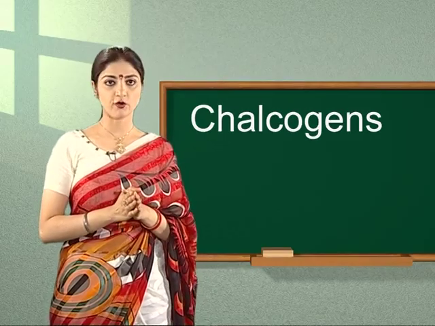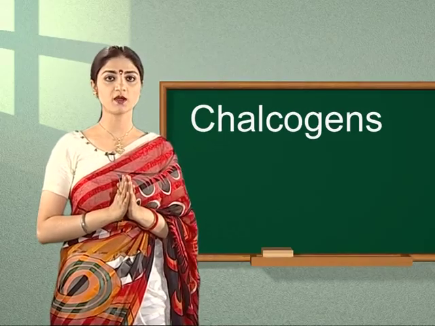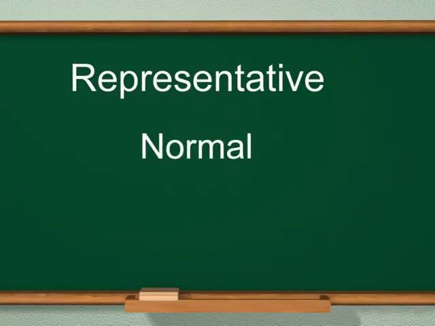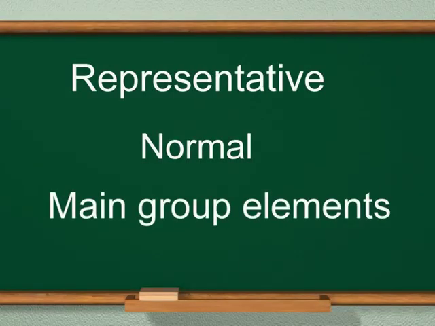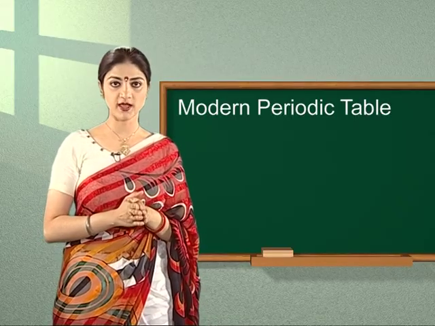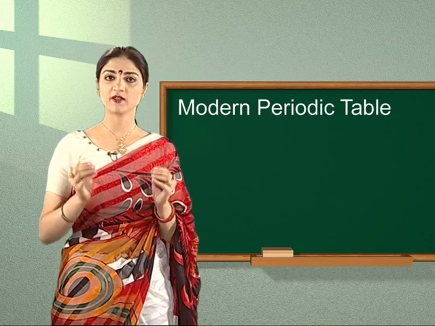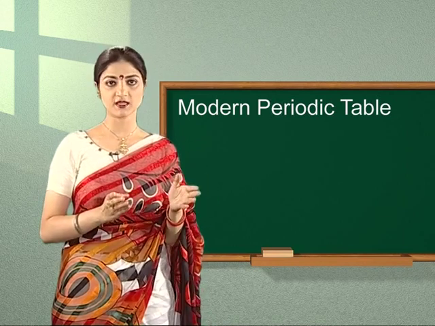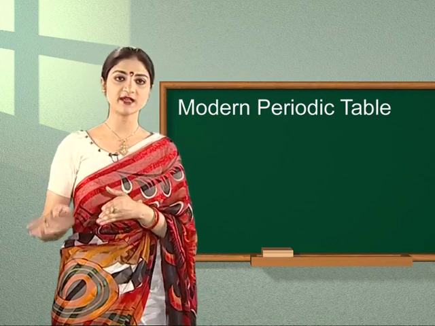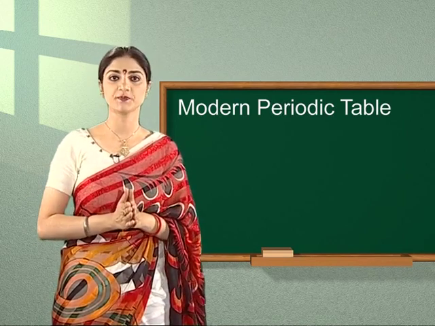The elements of s and p block are collectively called representative or normal or main group elements. These include elements of group 1 and group 2 on the extreme left and elements of groups 13 to 18 on the right hand side of the periodic table.